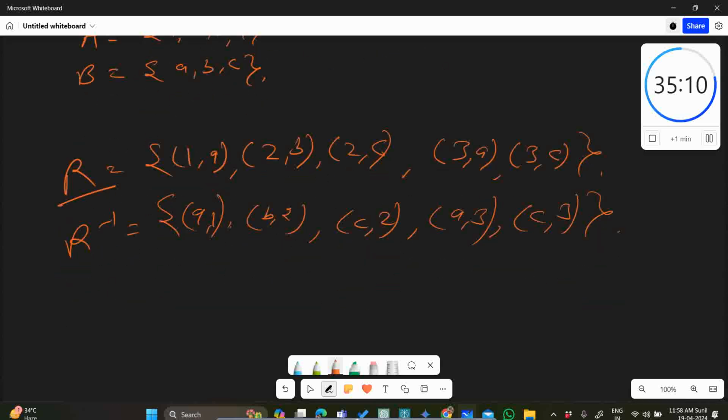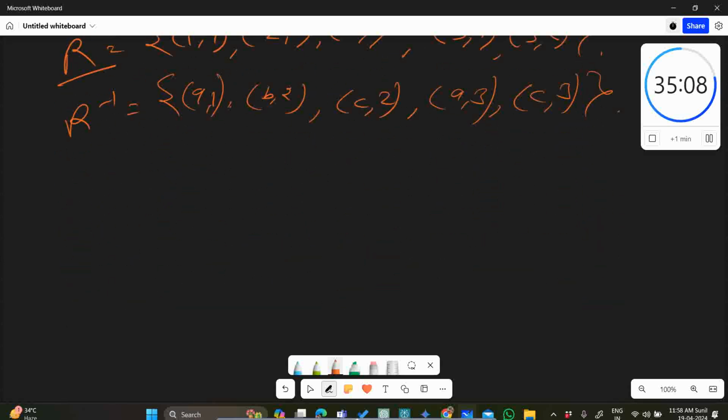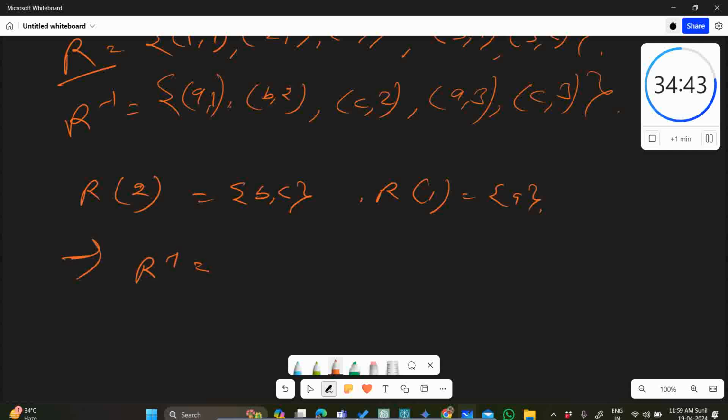Then R of 2 is equal to {b, c}, and R of 1 was a, which implies R inverse of b is equal to 2, like that.